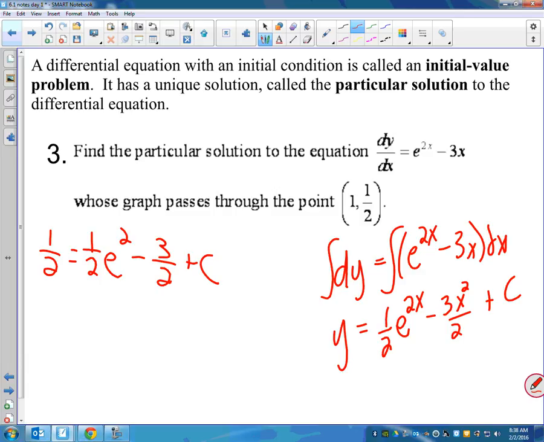I could move this over, so I'm going to say c equals 2 minus 1/2 e squared.